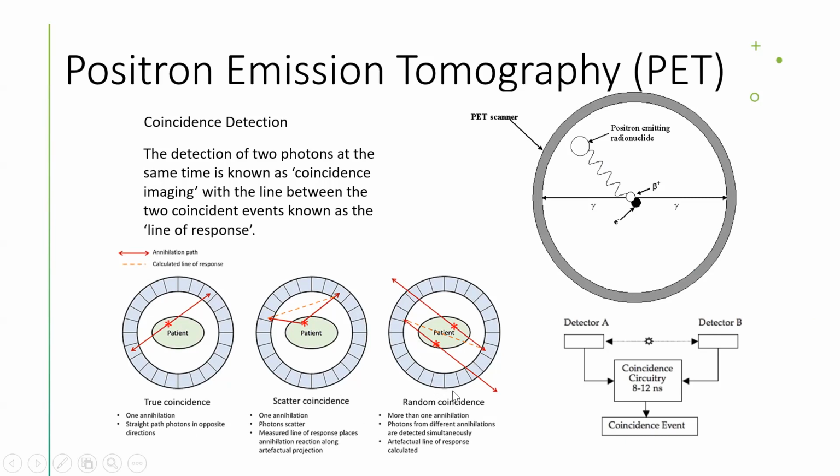There are scatter and random coincidences. The random is two independent photons detected at the same time. The scatter is when one or more of the emitted photons are scattered, the line of response will be misplaced. Of course, correction has to be done in the algorithm to overcome this error.